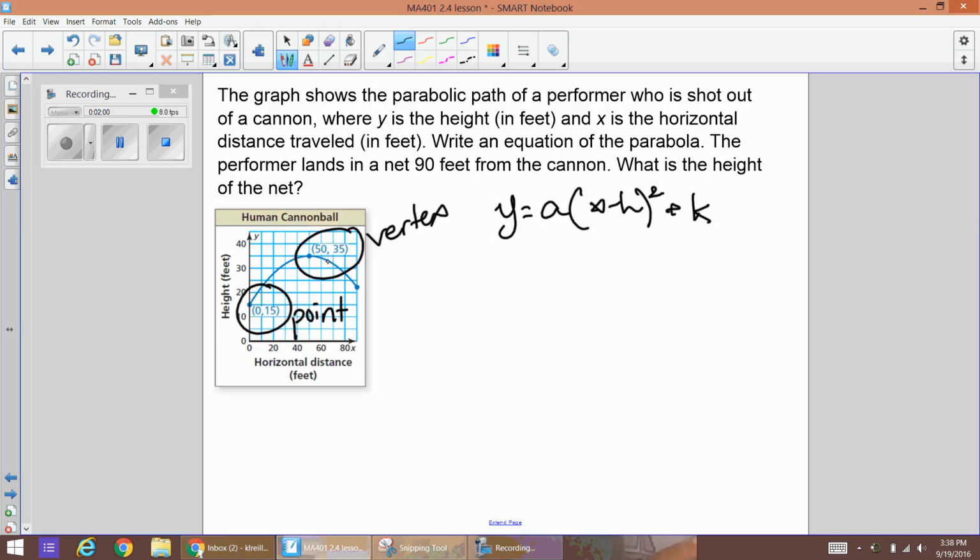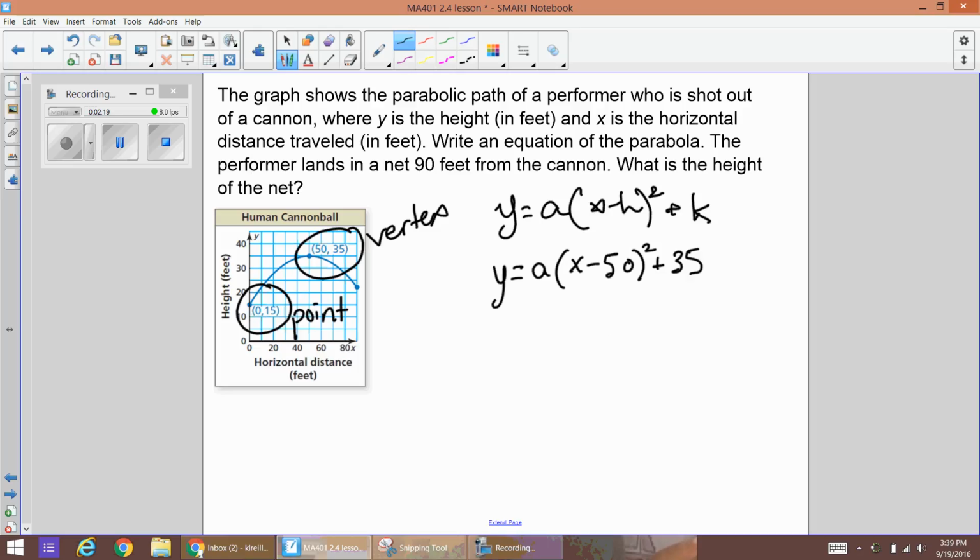So we know that the vertex is 50, 35. So that would be y equals a times x minus, the h value is 50, squared, plus the k value is 35.